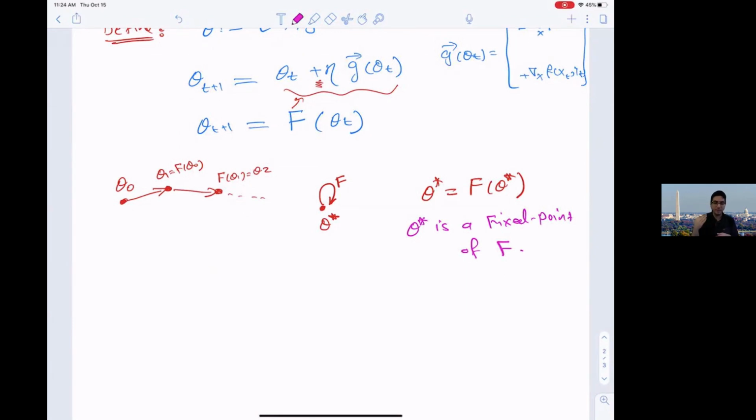So I apply f multiple times. At some point, if I'm stuck somewhere, and if I apply f, I don't go anywhere, it means I have converged. There is no other point to go, because if I apply f one more time, I'm going to remain at the same point theta star. That's why it is called a fixed point. Okay.